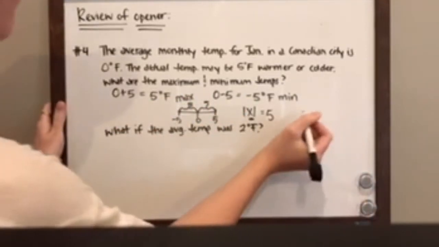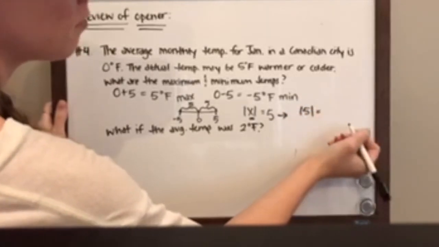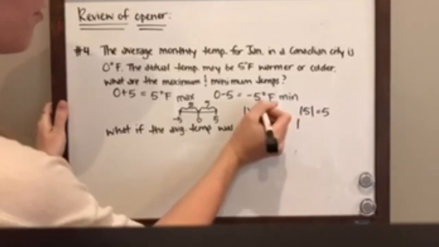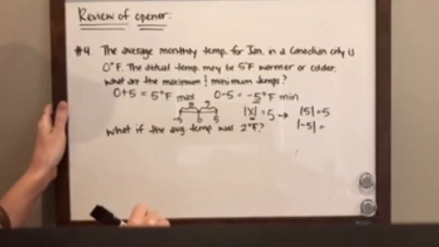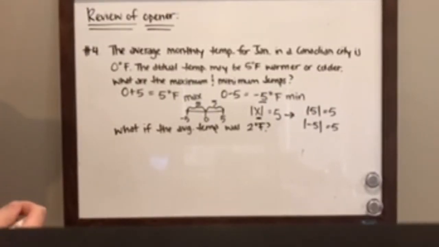Let's see. If I plug in the absolute value of positive 5, what do we get? 5. If I plug in the absolute value of negative 5, what does that simplify to? 5. So both of those answers work.